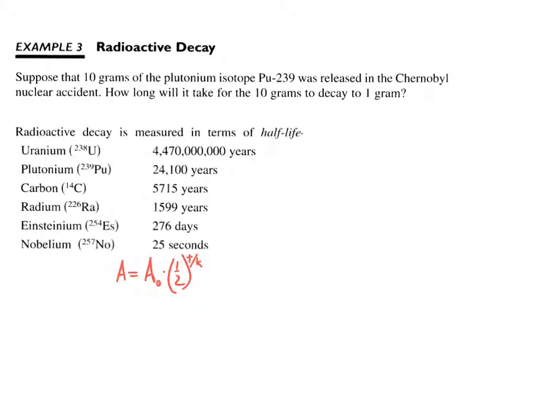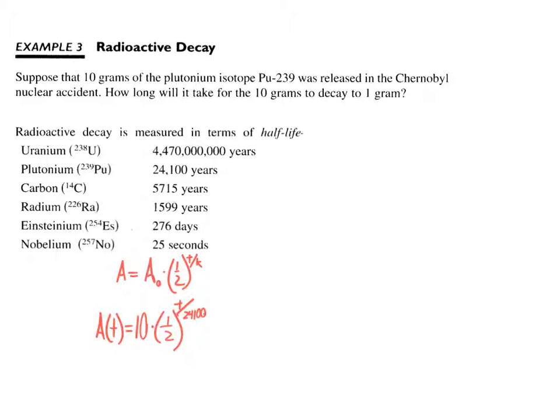So if I'm looking at isotope plutonium-239, with a half-life of 24,100 years, and I'm starting with 10 grams, then my amount after a certain number of years would be 10 times 1/2 to the t divided by 24,100.